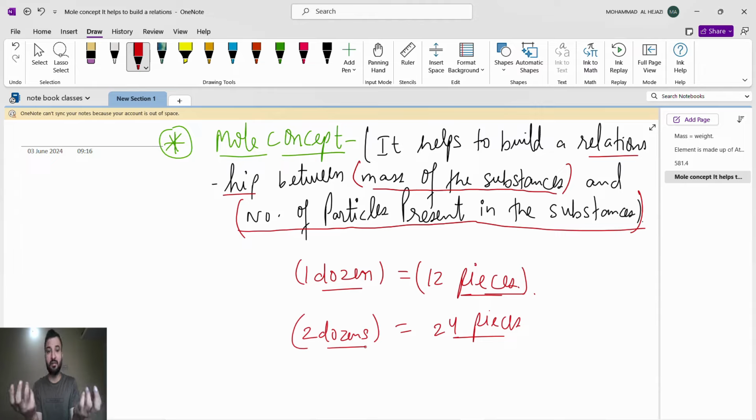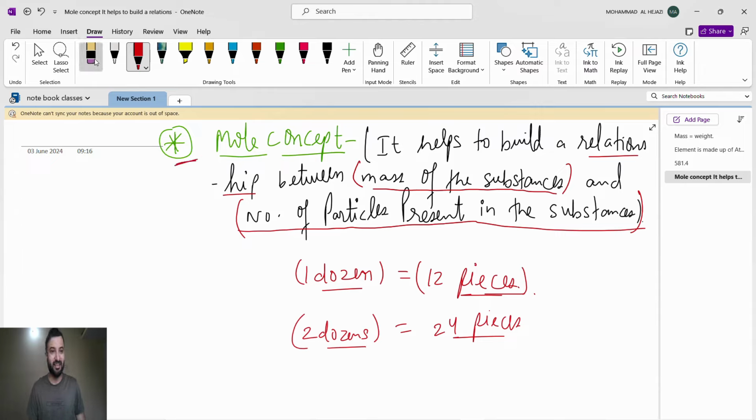If I tell you 36 pieces, it is 3 dozen. This is with the help of the mole concept.